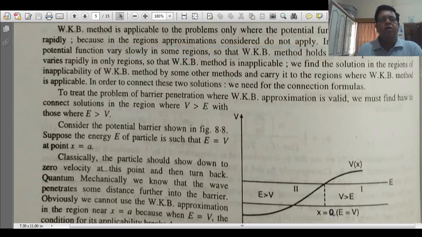But where the function varies rapidly, the WKB method is inapplicable.